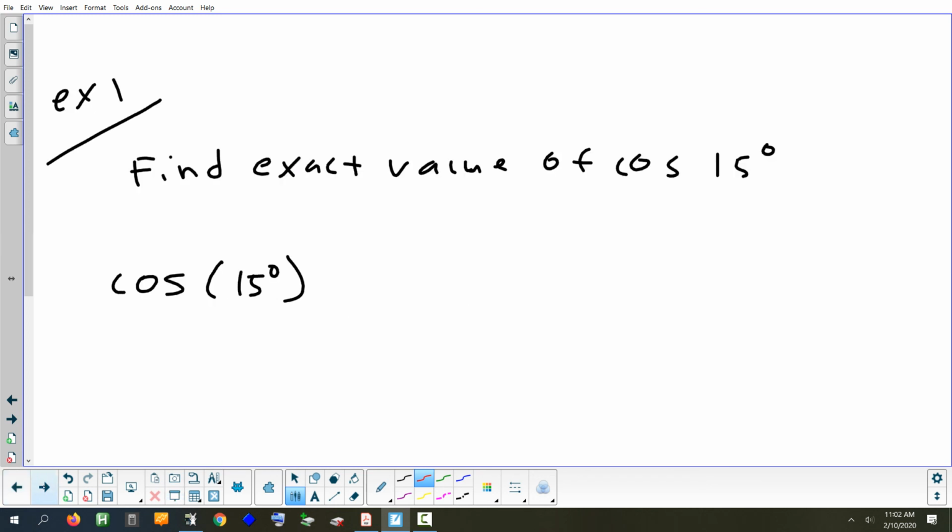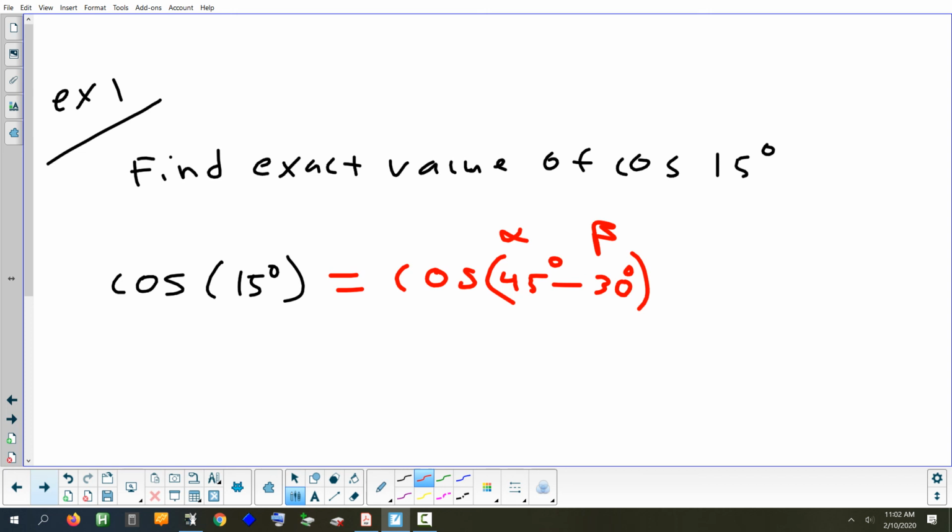So, anybody think how I can write 15 as a difference? You have to do 45 minus 30. So we're going to do 45 minus 30. So now, in this problem, alpha is 45 and beta is 30. So this whole problem is going to turn into taking sines and cosines of 30s and 45s. So that's where we get fractions like root 2 over 2, root 3 over 2, things like that.